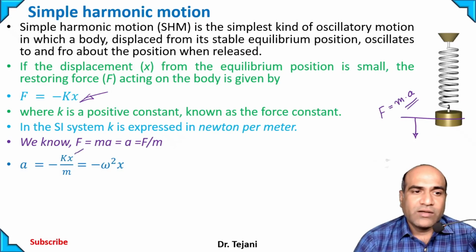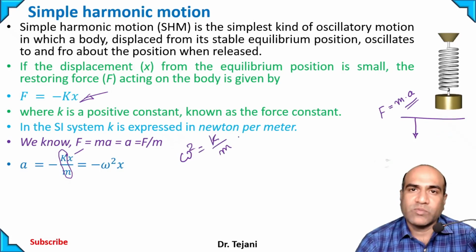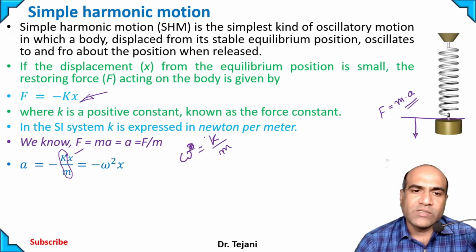And K by m we can take as omega square, which is equal to the stiffness K divided by the mass of the body, and omega is equal to the square root of K by m.